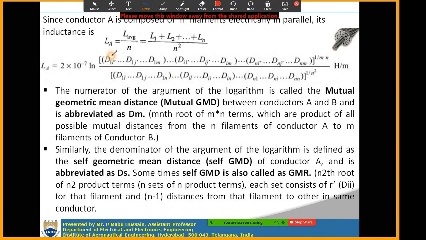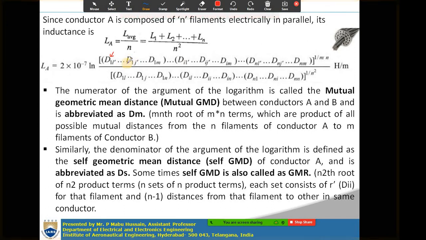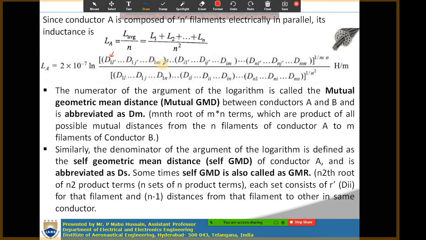So, if you take the first conductor, 1 1 dash, 1 2 dash, 1 3 dash up to 1m, then you take the second conductor, 2 1 dash, 2 2 dash, up to 2m.